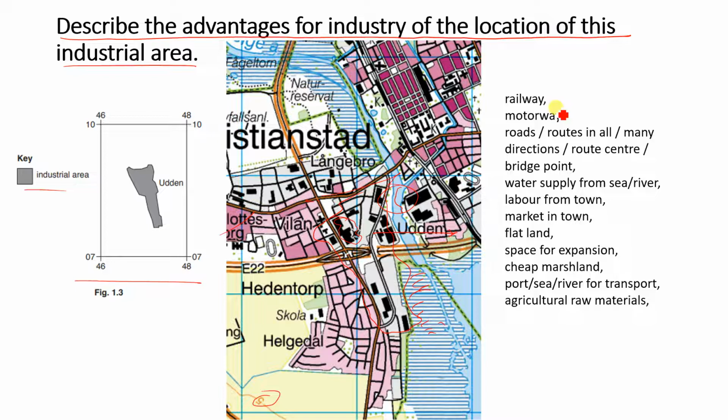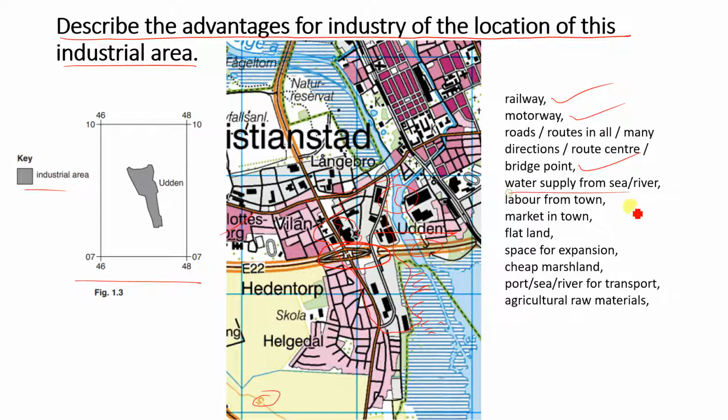So look at the answers. Railway, motorway, different roads and routes. There are bridge points, a lot of them where a road crosses a river. Now this structure here is a flyover. You see a road going under and a road on top of it. That's a flyover, which is also good.